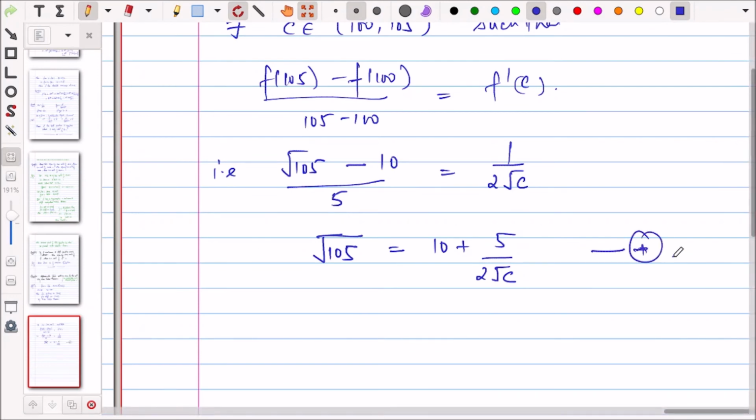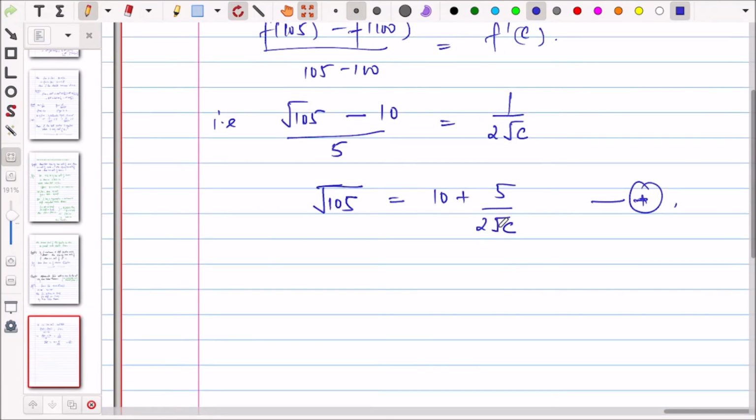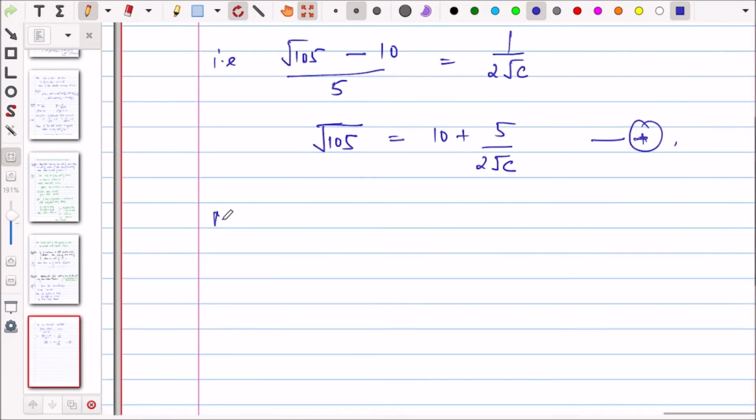Is it fine? Yes, sir. Because we brought the 5 to this side first and then the 10 to this side, it comes out in this form. So if we increase root c, what will happen? Overall this number will decrease, right? And if we decrease root c, then this number will increase, right? Now 100 is less than c less than 105.